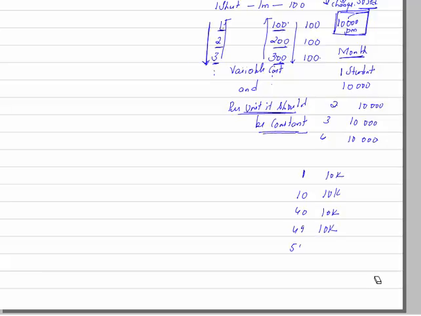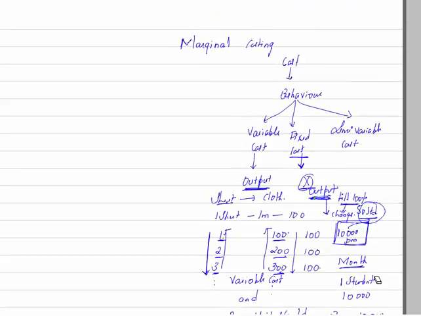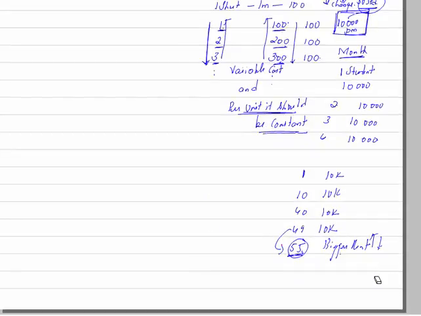Suppose if it is 55 students, then we would not be able to accommodate all of them in a single classroom. Then we need to go for a bigger classroom where we need to pay bigger rent. So fixed cost means those costs which are not going to change according to output, but only till 100% capacity. Once it crosses 100% capacity, then the rent, that is, the fixed cost, is going to change.